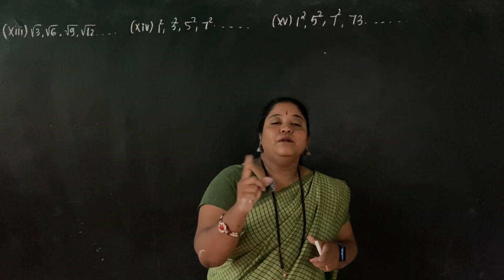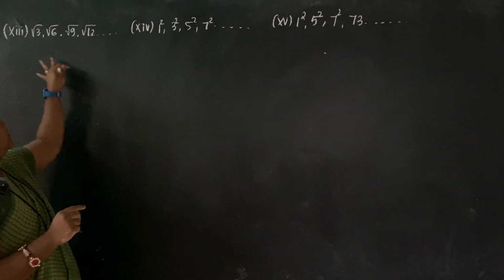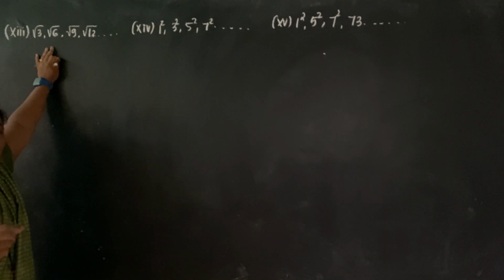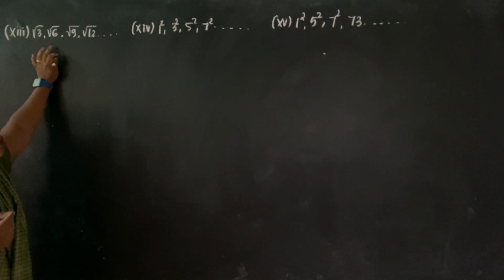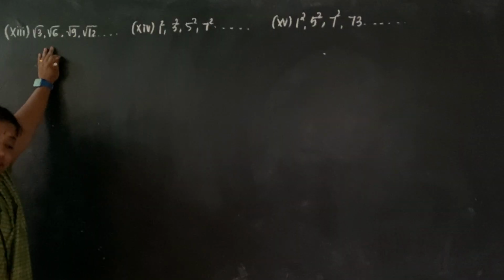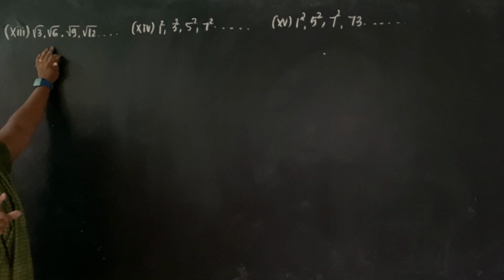If not possible, then take a decision. Understanding? Look at the board. Root 3 is there, but root 6 cannot be simplified here. Why? Because, can we write root 6 as 3 into 2? Not at all possible. I told you, you have to split in such a way that one must be a perfect square number, dear.